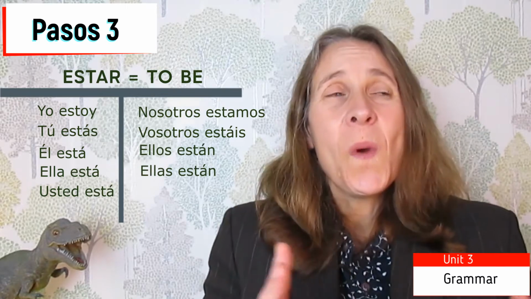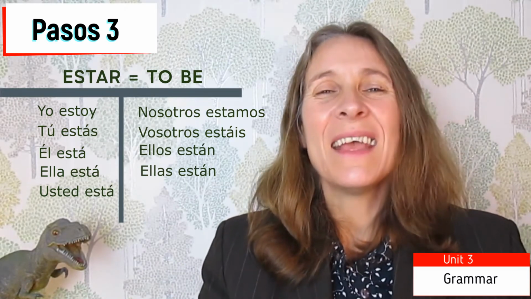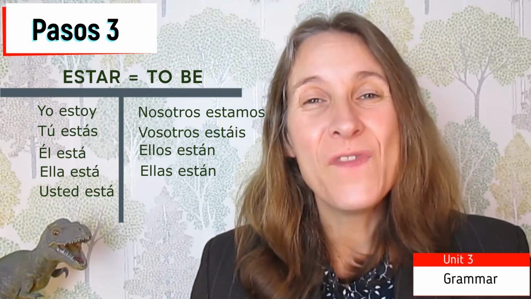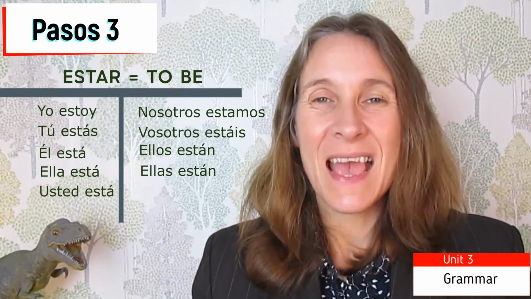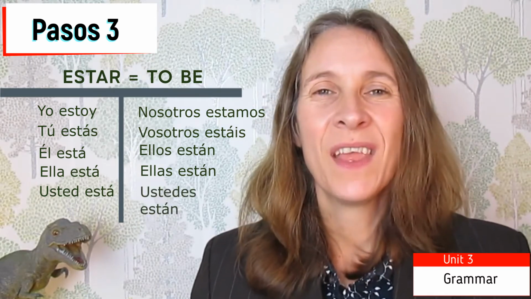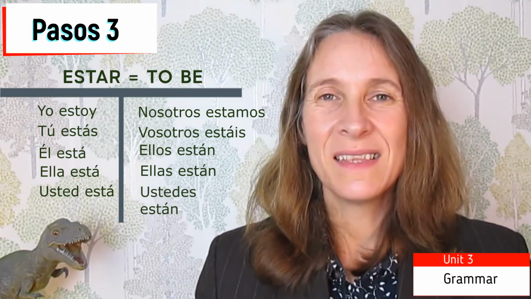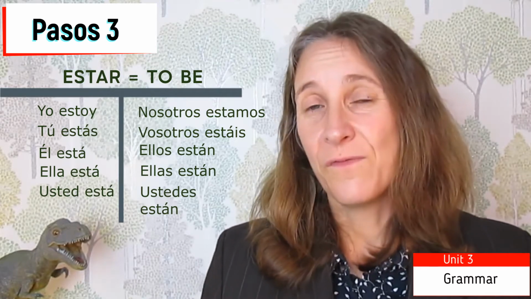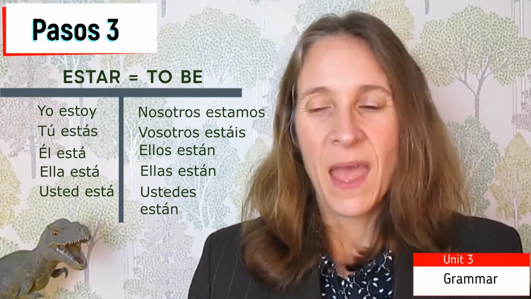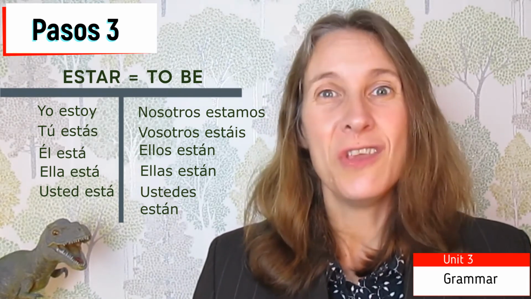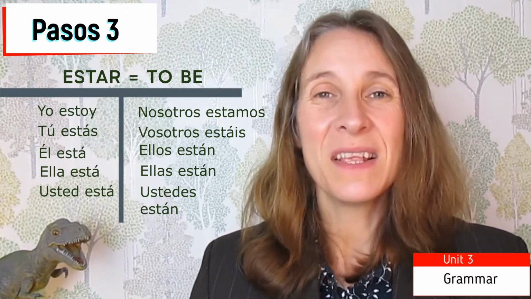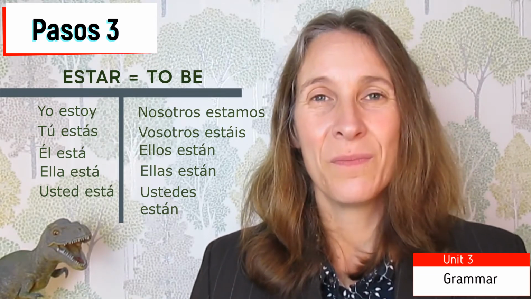Ellas, when el grupo es exclusivamente female, you're going to use ellas for the word for they. Ellas están and ustedes están. That's a formal way to say you all in España, and it's the only way to say you all in most of Latin America. So that's the verb estar.